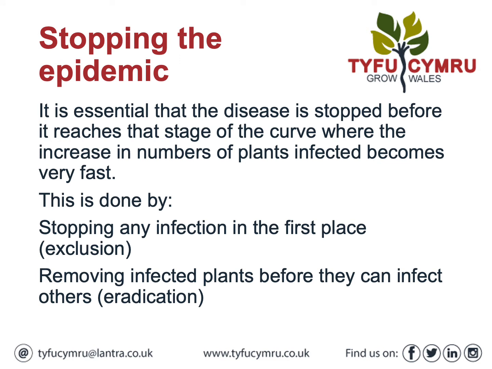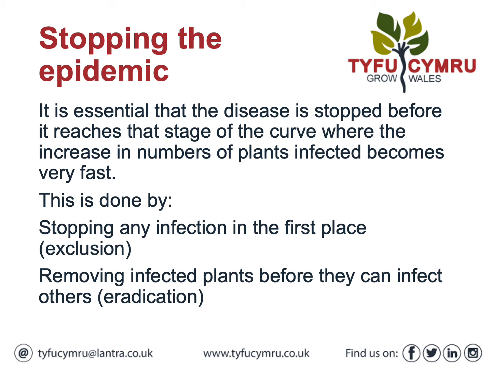However, what we want to do in biosecurity is stop that epidemic, that S-shaped curve occurring and stopping too many plants being infected. So we want to stop the epidemic before it reaches that stage of the curve where the increase in numbers of plants infected becomes very fast.